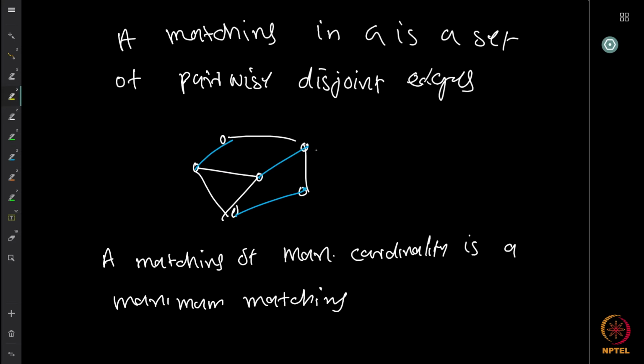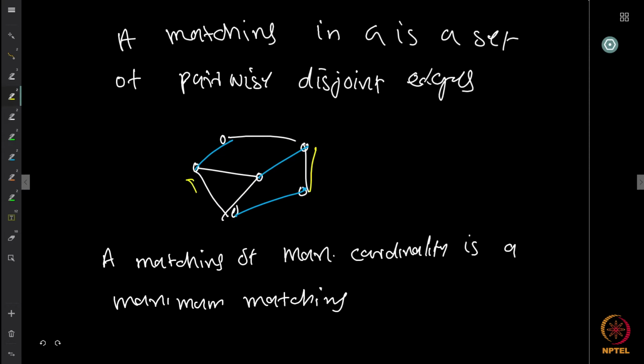Now you can also talk about some other matching. For example, if I pick this edge, then of course I cannot pick this edge because they have an intersection. So instead of picking that, I can pick something which does not intersect, for example, this itself. So these yellow edges form a matching. Or I can pick, for example, this and this, that is a matching.